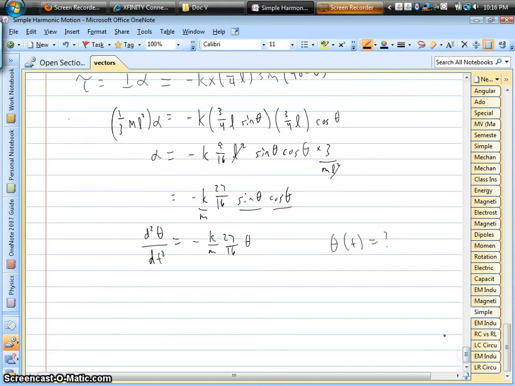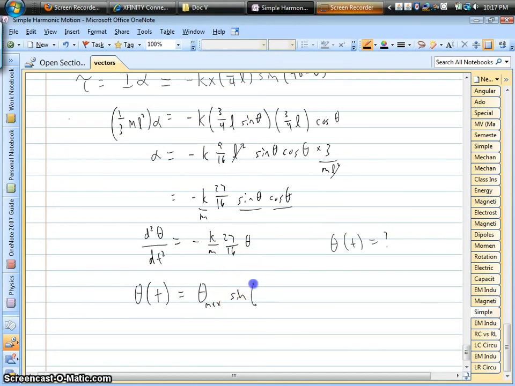Now, as we know with simple harmonic motion, if you want to describe an oscillating system, a periodic system, mathematically, you need a periodic function. And that's either a sine or a cosine. So we can guess, for lack of a better word, that our position as a function of time is going to be whatever your maximum angle is that you start off at when you pull it and stretch the spring out, times either the sine or cosine.